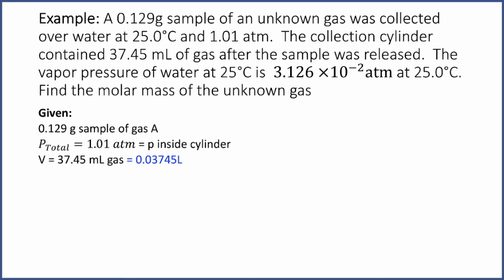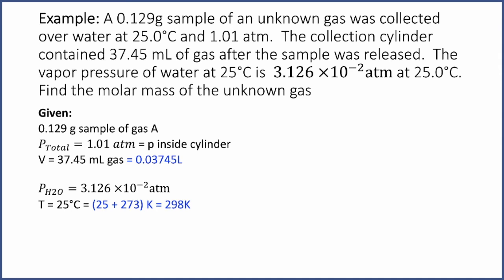We have a cylinder with 37.45 milliliters of gas. That is a mixture of the gas from our chemical reaction and water vapor. And the pressure inside is 1.01 atmospheres. Okay, let's move on. The partial pressure of water at 25 degrees Celsius is 3.126 times 10 to the negative 2. And they've told us what our temperature is.